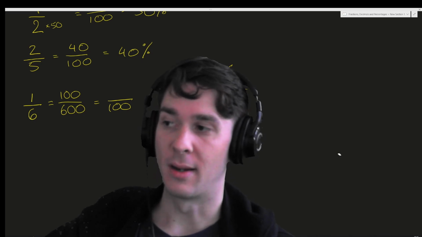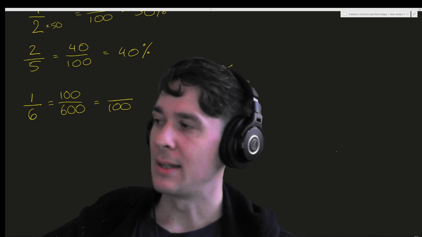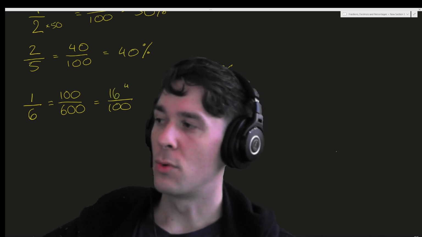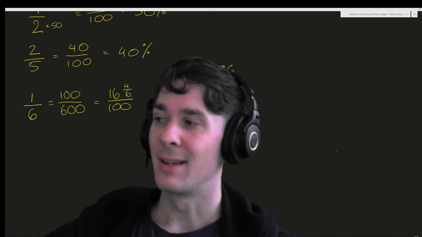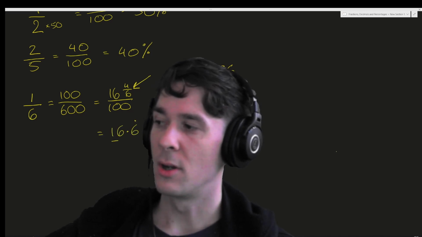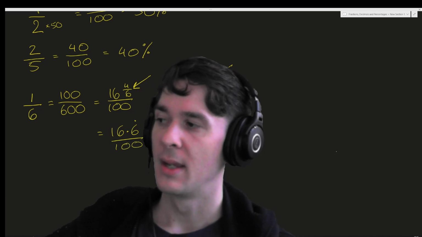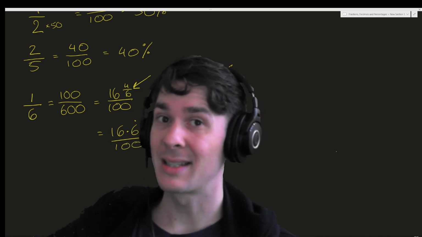So we will have 16 and 4/6, but we still need to convert this fraction to a decimal to end up with 16.6 repeater over 100. Now, this is something I can do because I'm good at fractions and decimals.